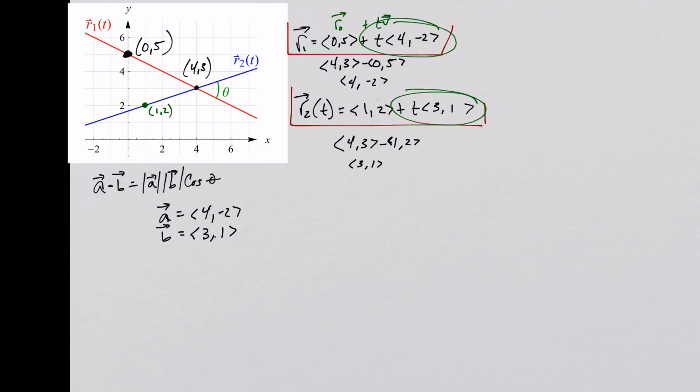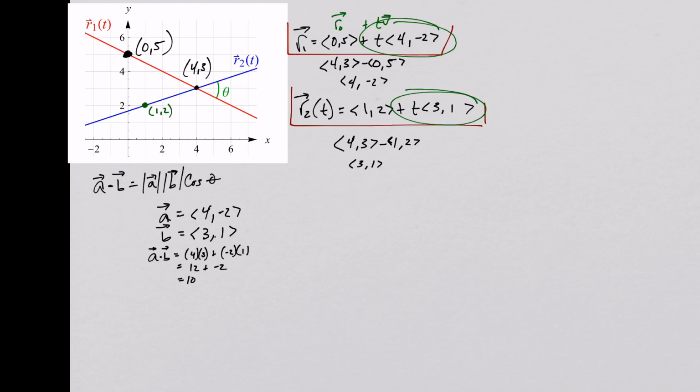If we want to compute the dot product, we can do that. A dot B is going to be equal to 4 times 3 plus -2 times 1. So that gives me 12 plus -2, which equals 10.